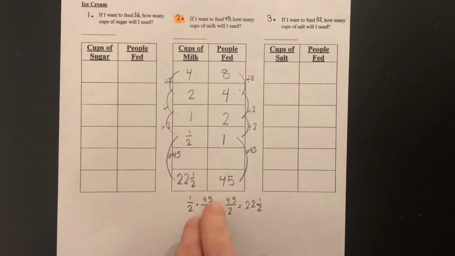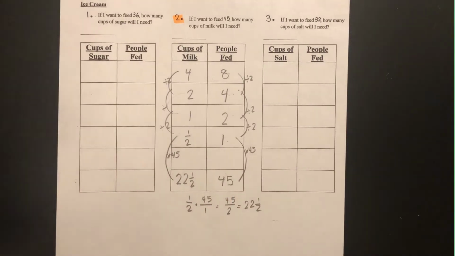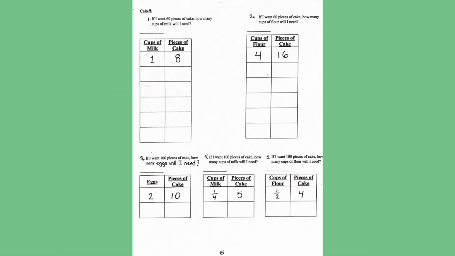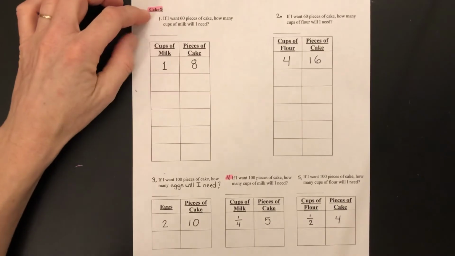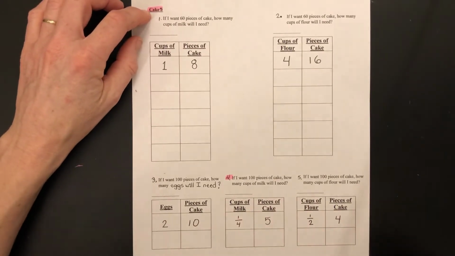This, by the way, is harder than these two, just so you know. This one's similar, but you don't need as many steps. On to the last page, we will do number 1 and number 4 together.